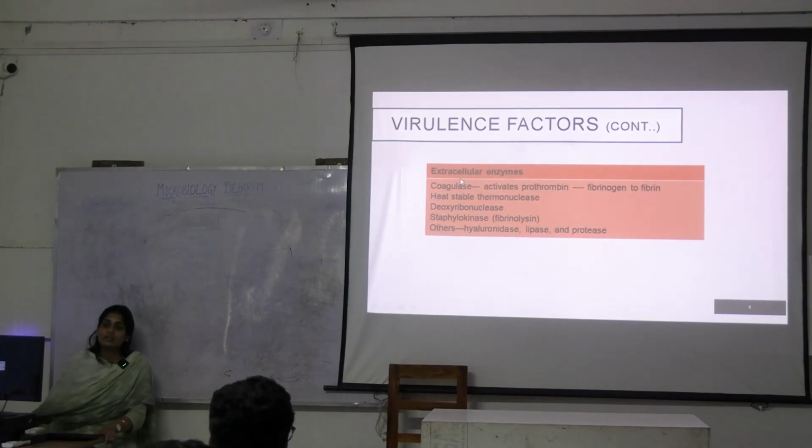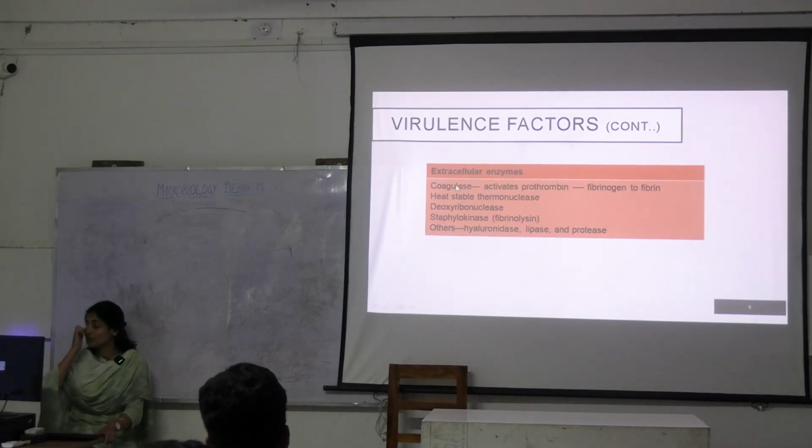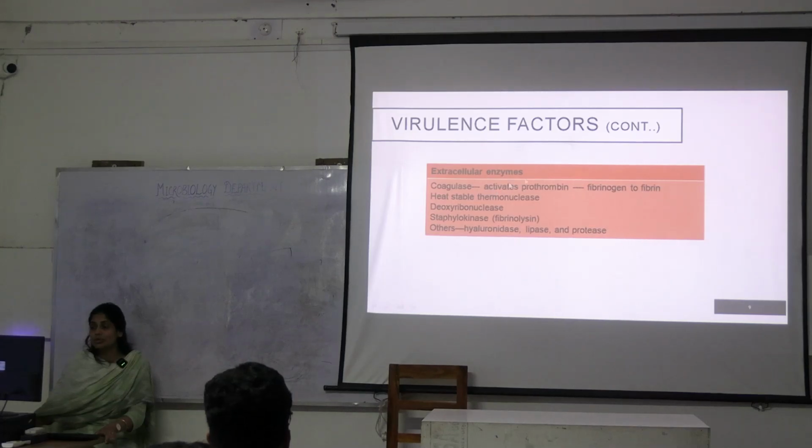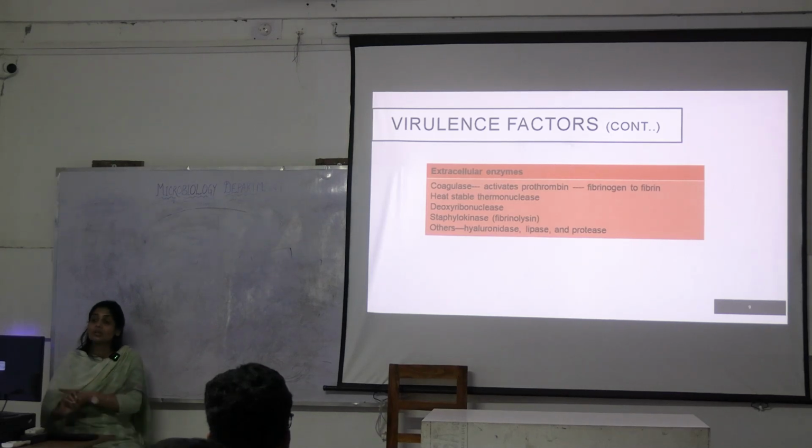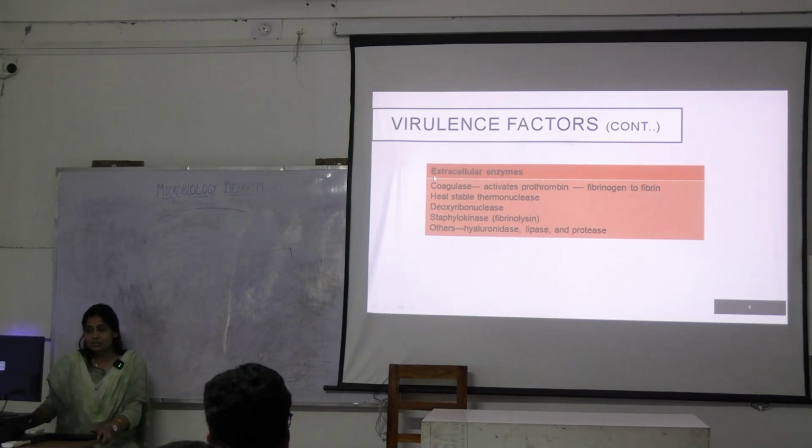How does Coagulase help Staphylococcus in pathogenicity? What it does is it activates prothrombin and converts fibrinogen to fibrin. So a blood clot is formed, and within that blood clot, this staphylococcus gets trapped in the body, and that's how it stops the immune system from attacking it. Okay, this is how Coagulase will help it.